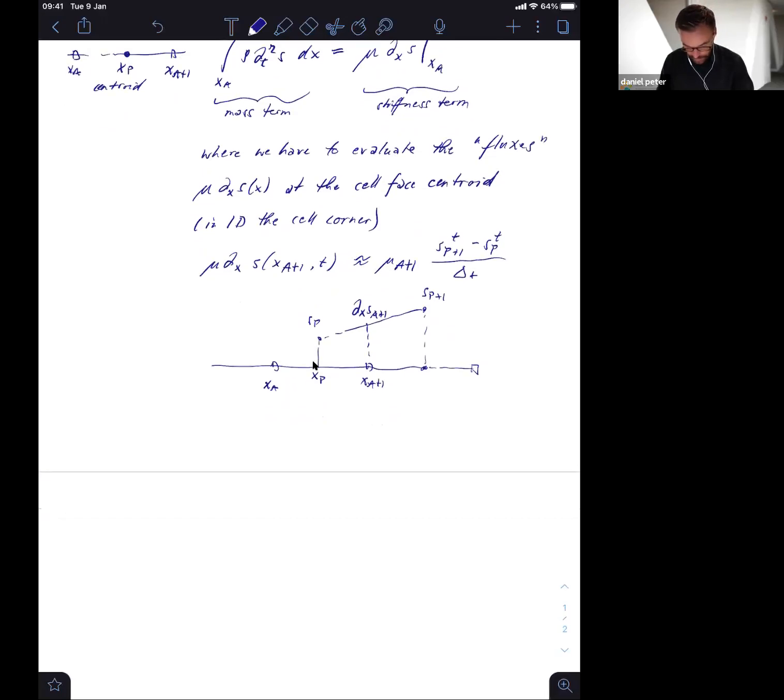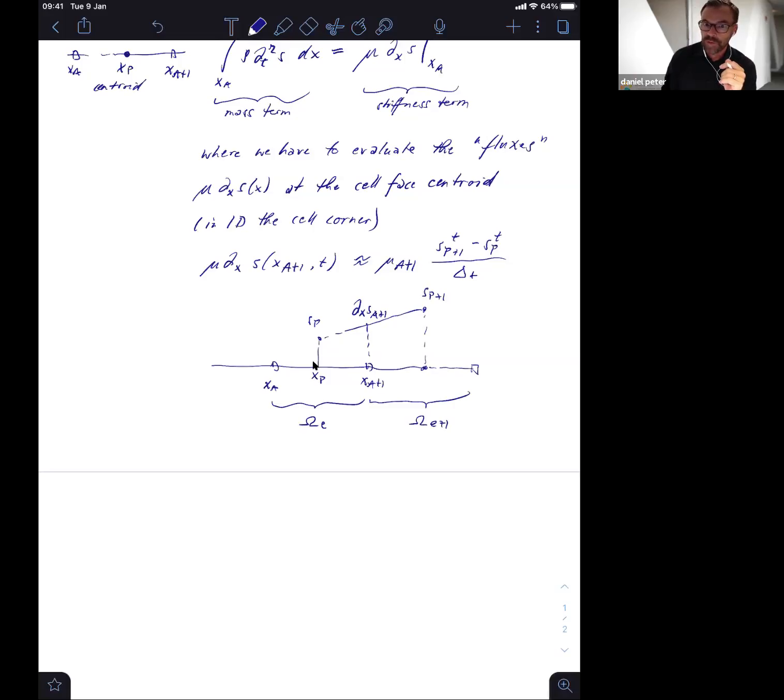And so we have our grid cell E, and the neighboring grid cell has omega E plus 1. So the question is, what's happening when we have a jump in the shear moduli from one cell to another cell?